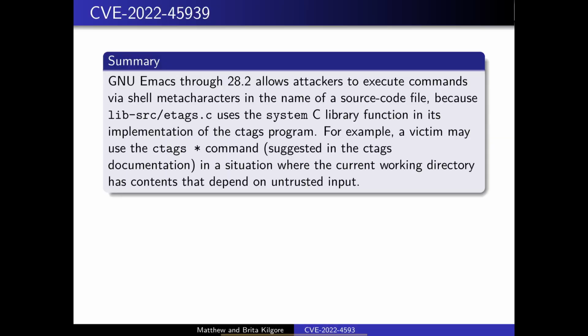Here is the specific summary of the CVE. Put simply, this vulnerability allows a utility bundled with Emacs called Ctags to arbitrarily execute code if supplied with a specially crafted file name.